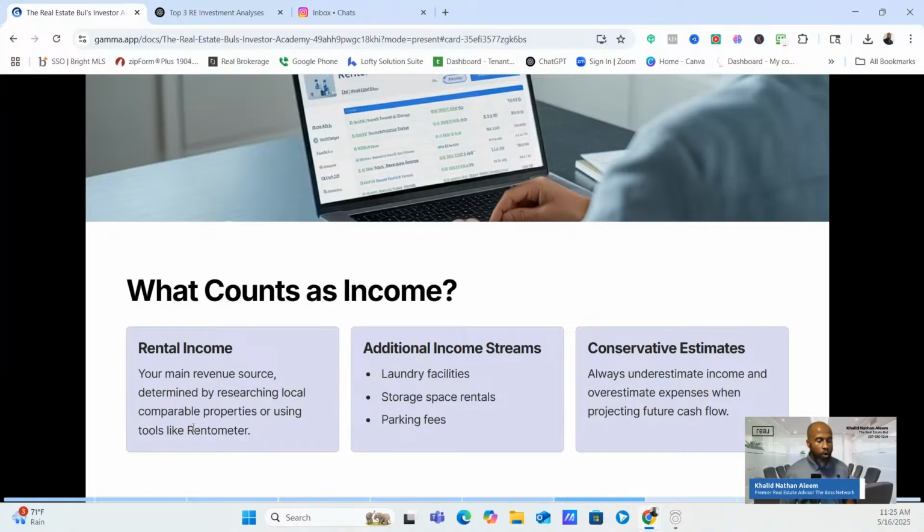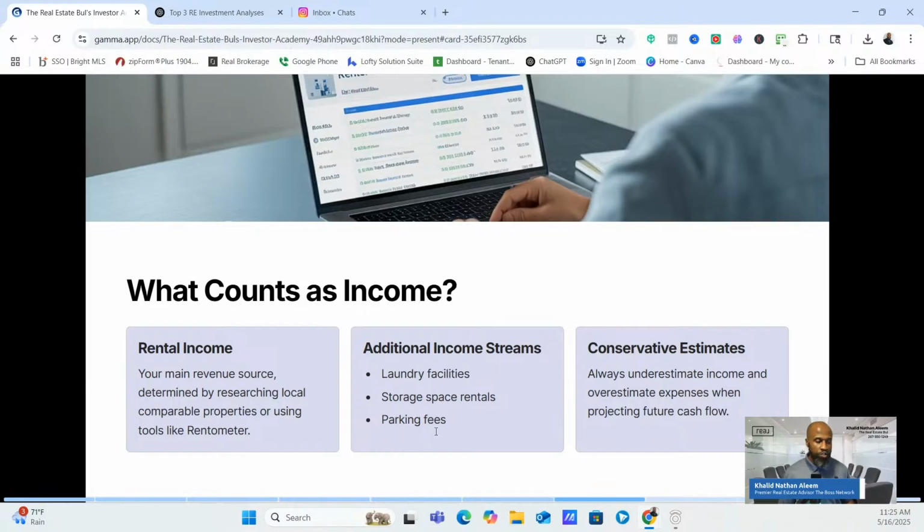Or you can find comparables in the area that have already rented, but I think the best bang for your buck is Rentometer. Or if you have a real estate agent, the agent can go in there and see comparables that have already rented and give you some comparables in that area.